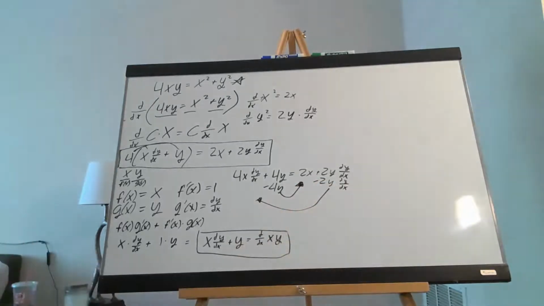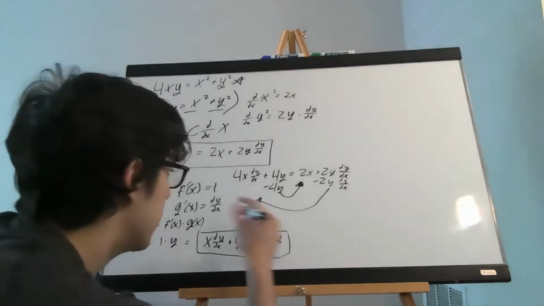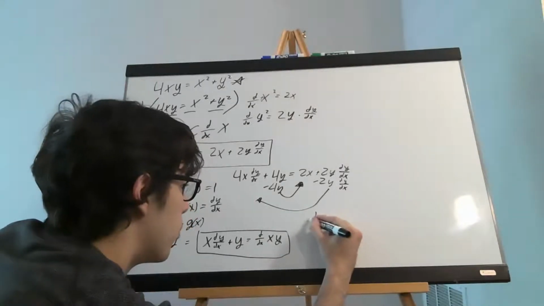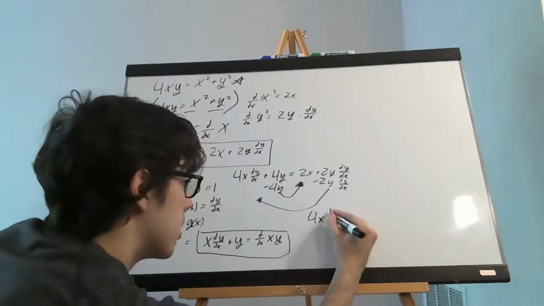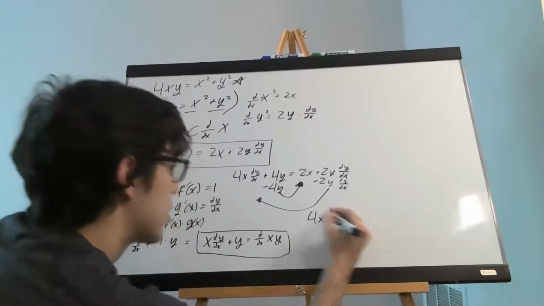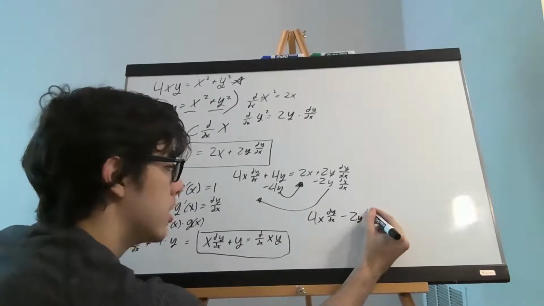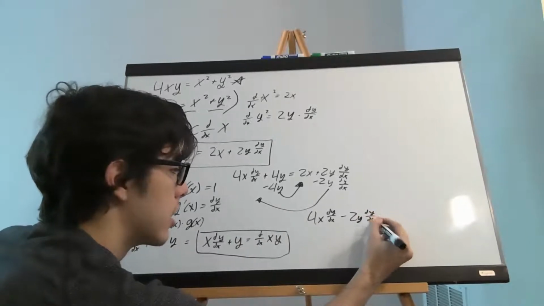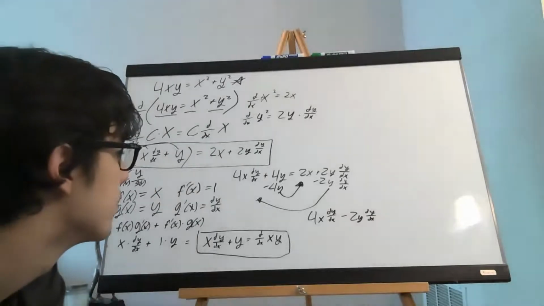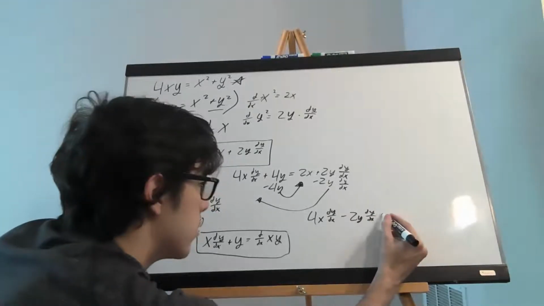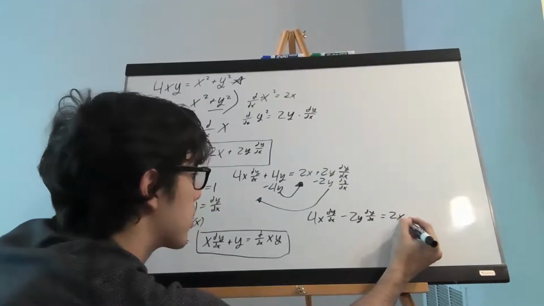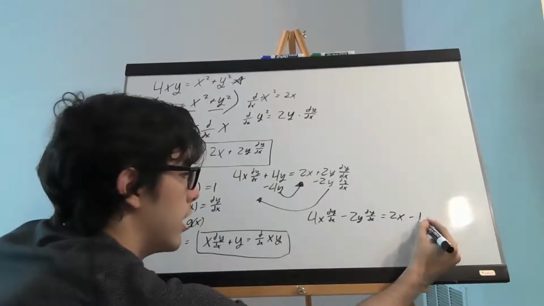And the reason we're doing that is so that we can get our equation in the final form of 4x dy/dx minus 2y dy/dx is equal to 2x minus 4y.